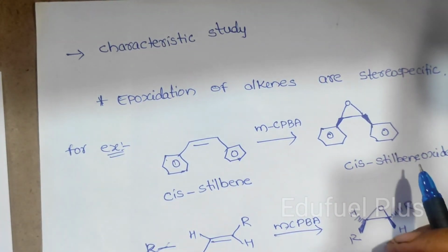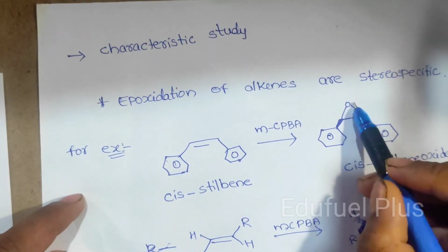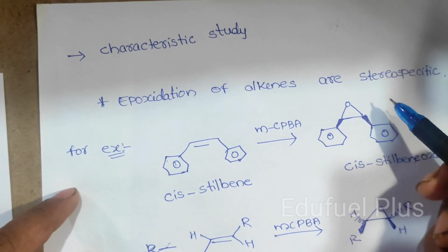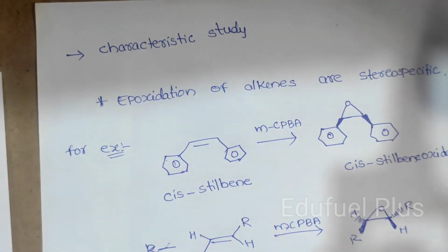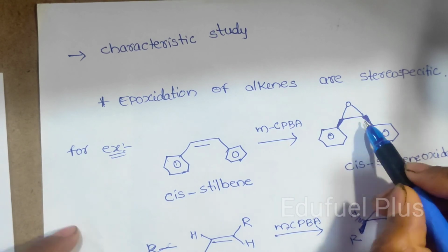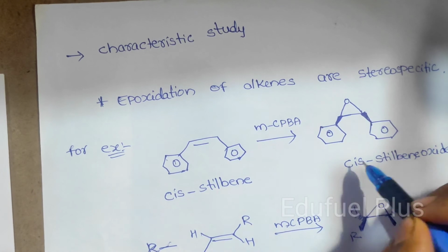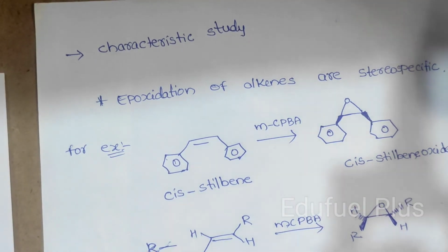There you have observed that the two new bonds formed here are in the same plane and with the same phase. So both newly formed bonds are in the same phase, so a cis compound gives a cis product, and a trans compound gives a trans product.